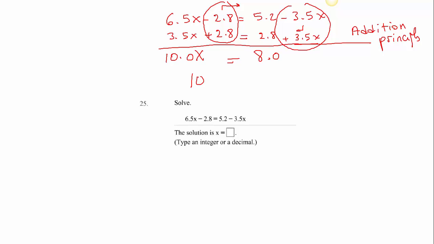So here we have 10x equals 8. We want x, right? We don't want 10x. So let's use the multiplication principle. Divide both sides by 10. Now the decimal is here. When you divide by 10, you move the decimal one digit to the left, and the final answer would be 0.8. Type an integer or decimal. So 0.8 would be the final answer.